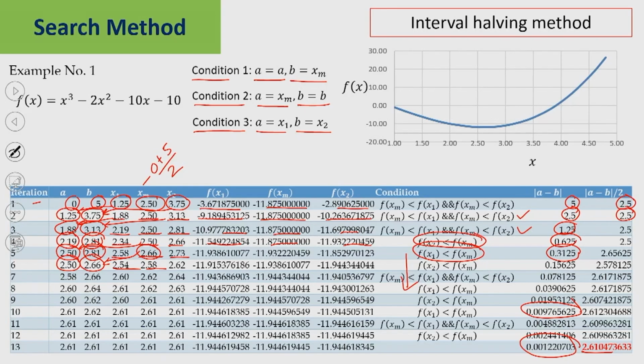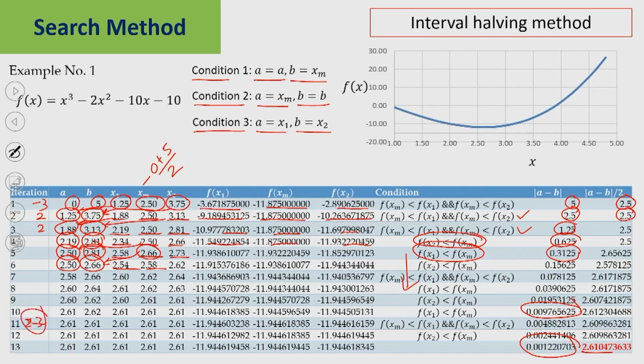If you look at the first iteration, how many function evaluations are you doing? 1, 2, 3 function evaluations at the first iteration, and after that you are doing 2 function evaluations each. So, if you go up to iteration 11, that means 10 into 2, that is 20, plus 3, so up to this step you have done 23 function evaluations.